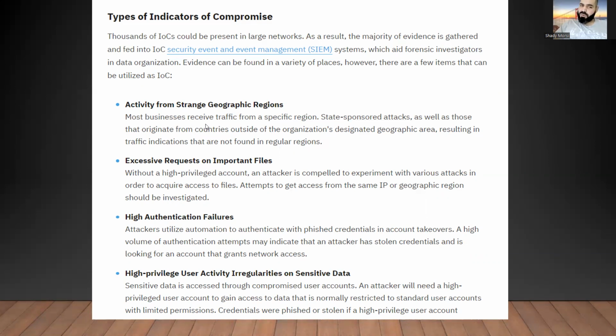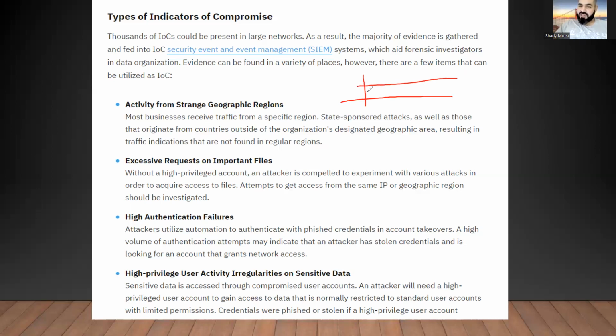So here it says most businesses receive traffic from a specific region. The state sponsors attack as well as those that originate from countries outside the organization's designated geographic area, resulting in traffic indications that are not found in a regular region. And there is also a way to look at this, guys. You really need to implement something called visualization for your traffic.